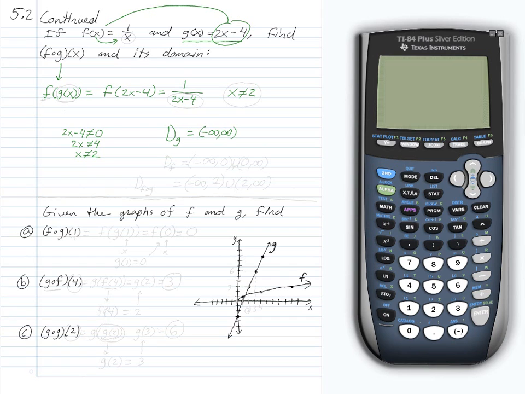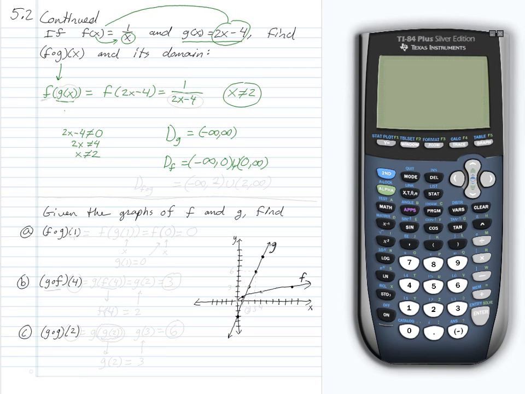But the domain of f is not all real numbers. It's negative infinity to 0 and 0 to infinity, right? We can't divide by 0. So what we need to think about is what x values make g of x be 0. And that's where we're coming up with x cannot be 2.